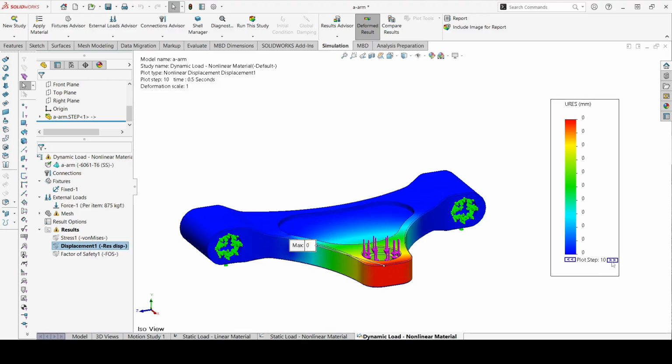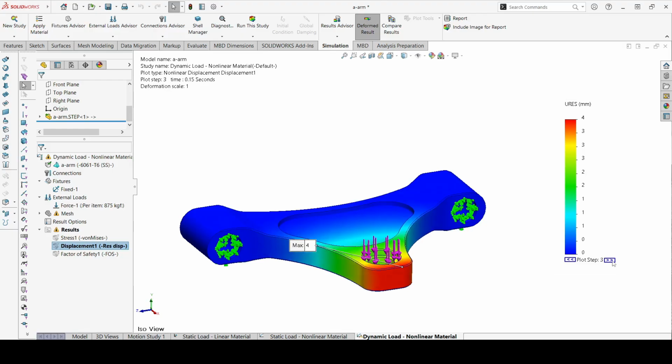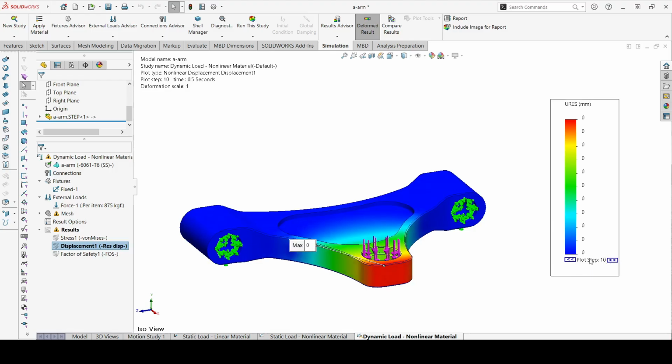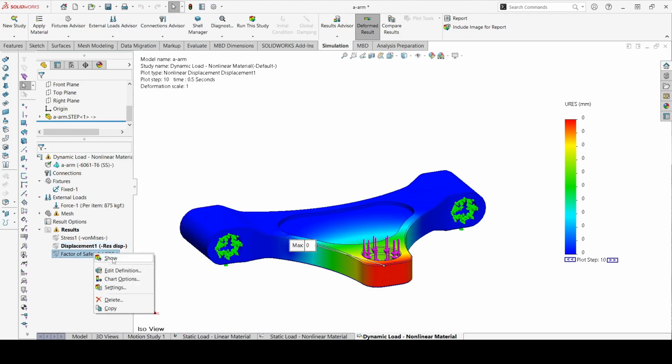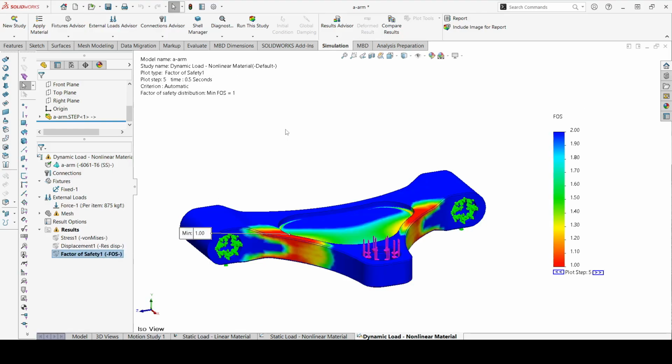As you can see here, you can see how the displacement develops as the load is applied, and then later the load is taken off. The factor of safety of the part is 1, which is the same as what we got on the second analysis.